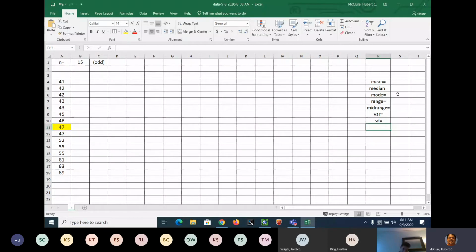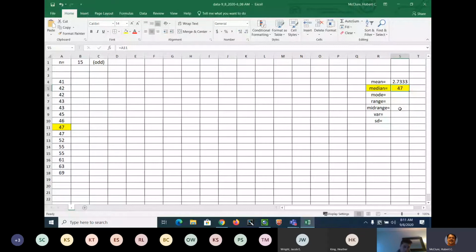All right, so we know that the median is that middle number right there. So we'll go ahead and just fill that in. And the mean, we're going to sum all these numbers up and divide by 15.